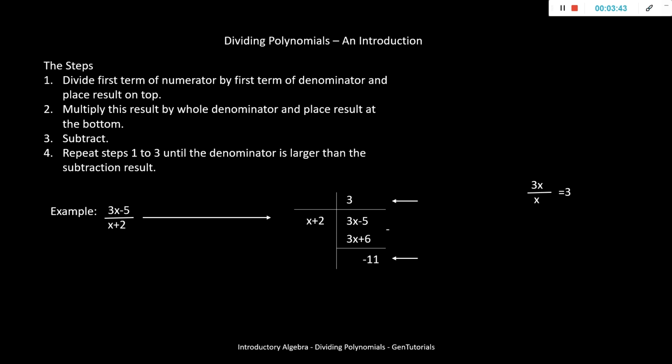And these two values have names. 3 would be the quotient, and negative 11 is the remainder. Therefore, the answer would be like this. You have 3 plus negative 11 all over the original denominator x plus 2. And you know plus minus is minus, so it's 3 minus 11 over x plus 2.